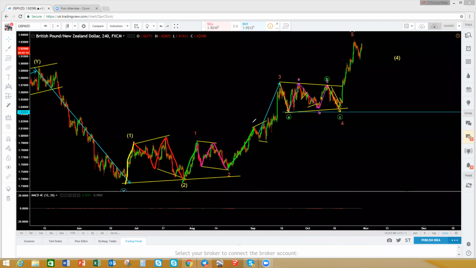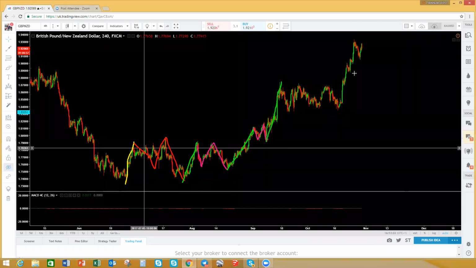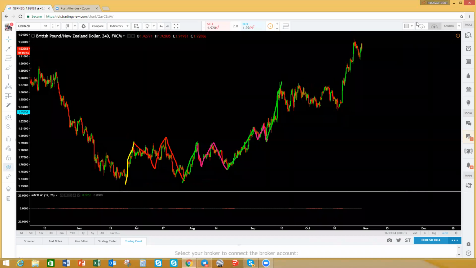My mouse was behaving quite nicely today. Right, 1, 2, 3. After that, we get another green impulse. Right, so switch this off here. After the green impulse, we are anticipating a pink one again.